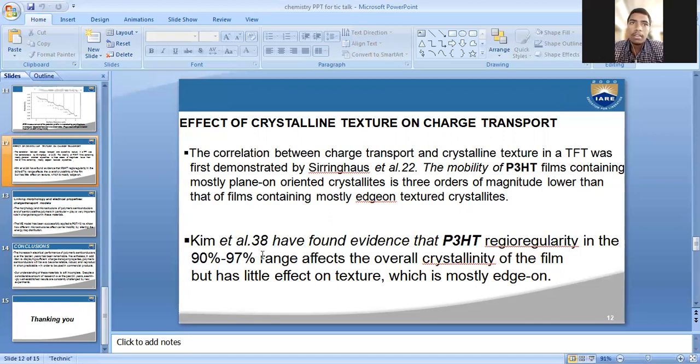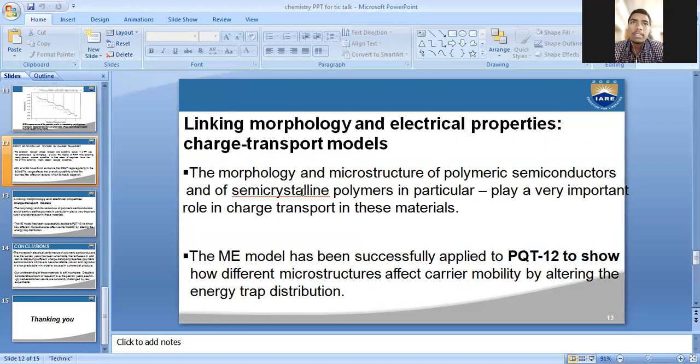Kim et al., reference 38, found evidence that P3HT regioregularity in the 90 to 97 percent range affects the overall crystallinity of the film but has little effect on structure, which is mostly edge-on. Next we will move on to the next slide.